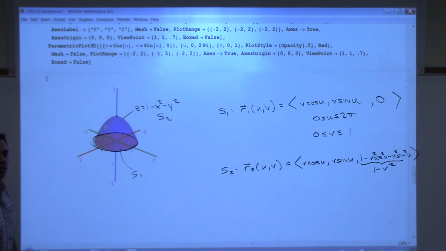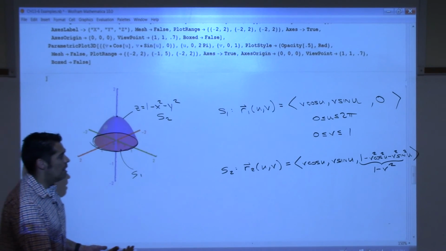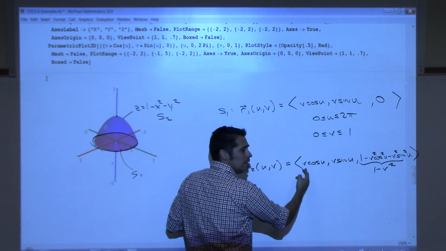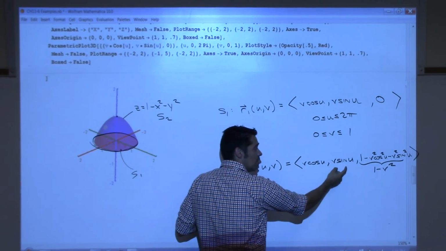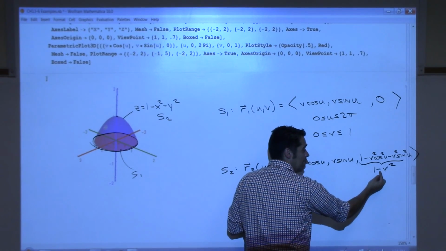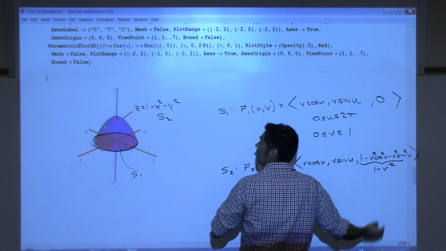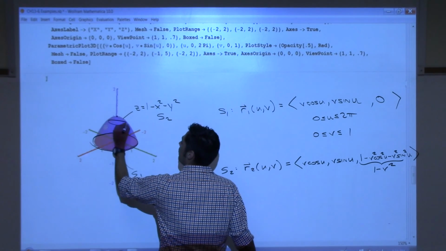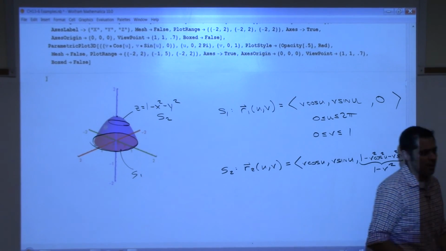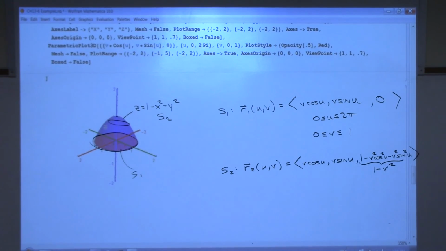Then if I let v be a half, I'm going to get a smaller radius, and this is actually going to be 1 minus a fourth, 3/4. So I'll be up here drawing that circle. Does that make sense? So you've got to have that v to vary the radius as you move up and down.